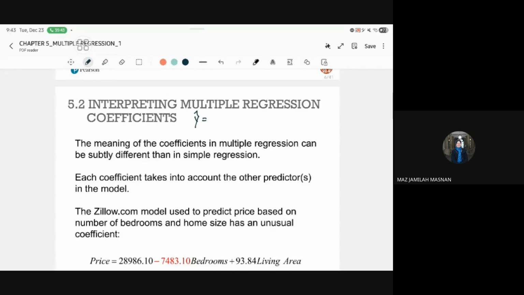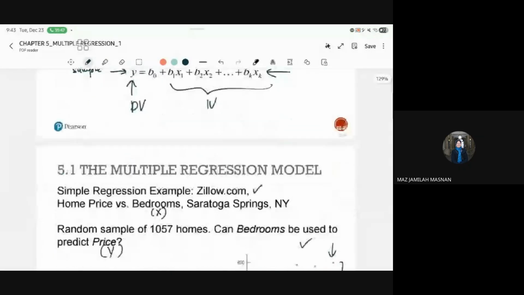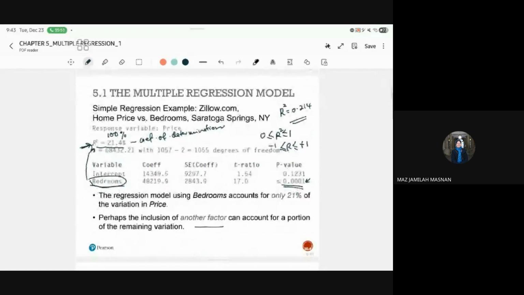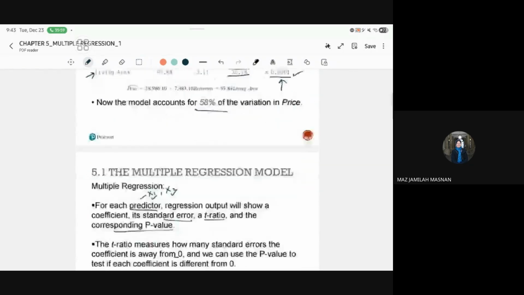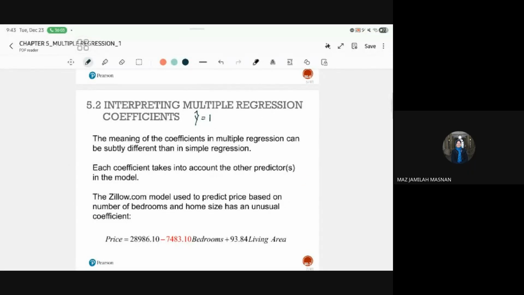Y hat is equal to 14,349.5, that will be the intercept, plus 48,219.9 x.